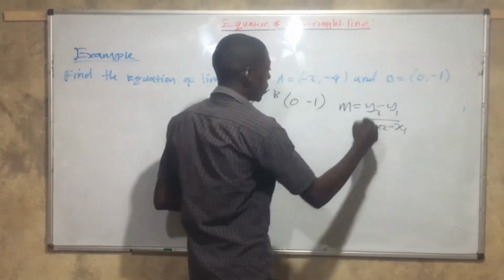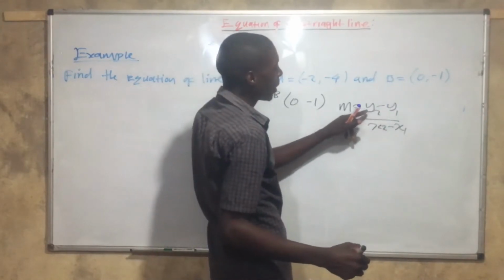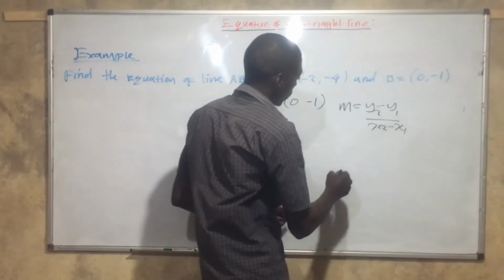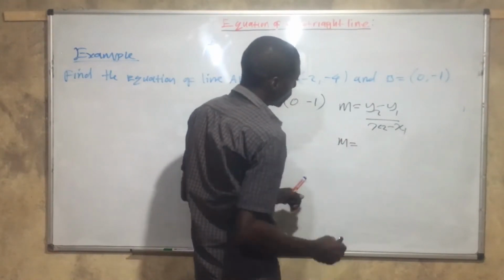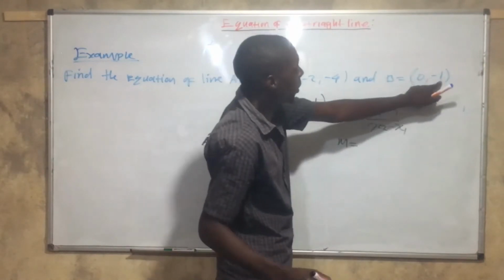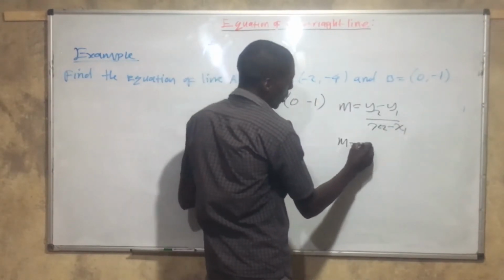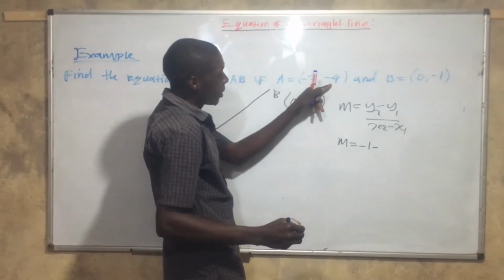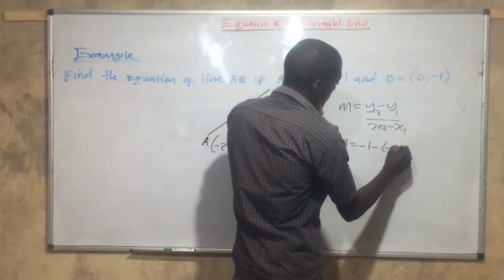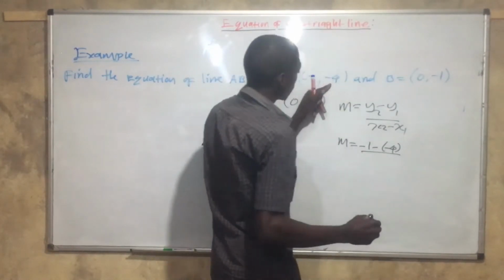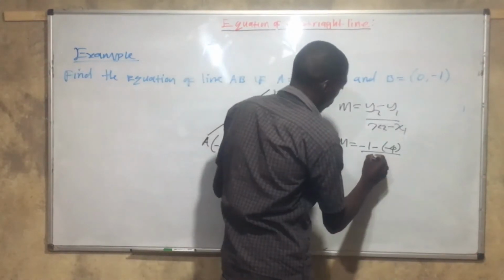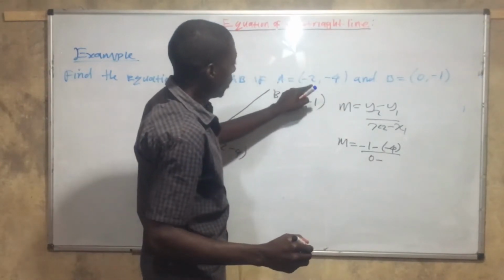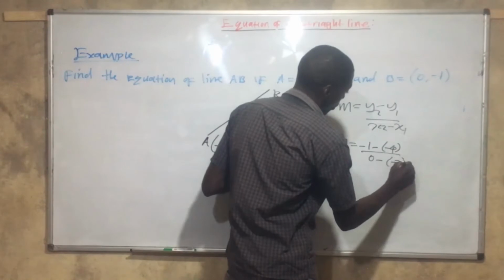You can either start with x1 and y1, or with x2 and y2, as long as you are consistent. So the gradient will be equal to, using the coordinates, our y2 is -1 minus our y1, which is -4, over our x2, which is 0, minus -2.